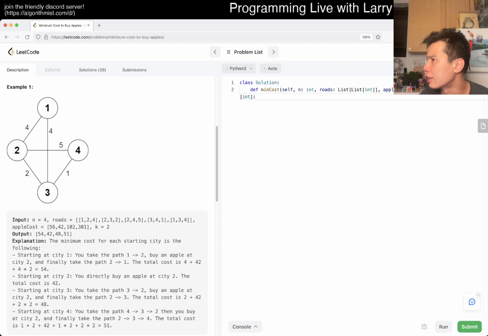I'm trying to think if there's an early termination thing, right? Because if you sort everything by cost, then in theory that is a limiting factor.